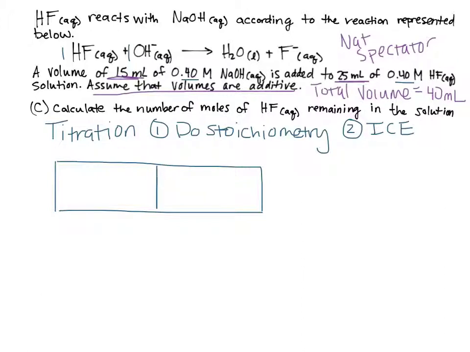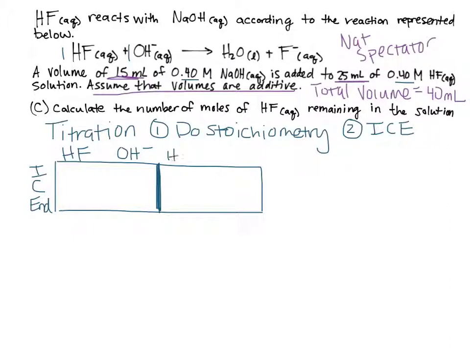I'm going to put a thick line right where the arrow is usually at. We're only going to put moles in this fake ice table, where the I stands for initial moles, the C stands for your change in moles, and the E stands for ending point, so when your titration is sort of done.